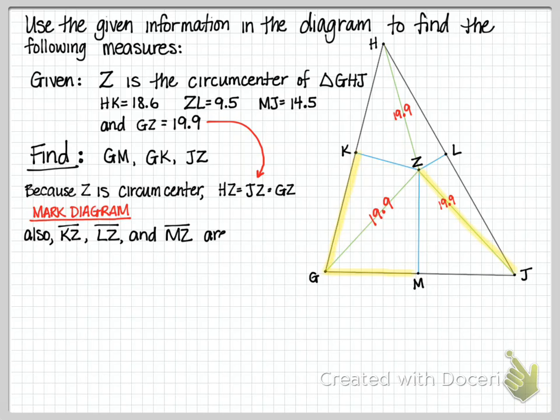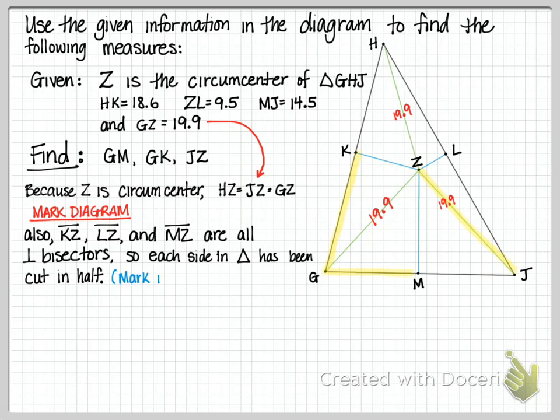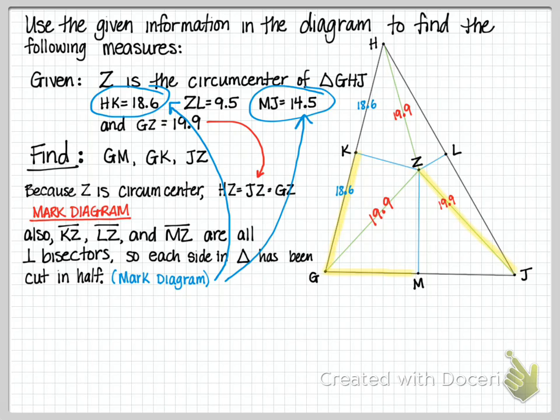We also know, as we discussed earlier, that we have those three perpendicular bisectors. And it's not the perpendicular that's important, it's the fact that it bisects each of the three sides. So, since we know that on one of the sides, half of it is 18.6, the other half is also 18.6. And similarly, since we know that MJ is 14.5, we know that GM is also 14.5.